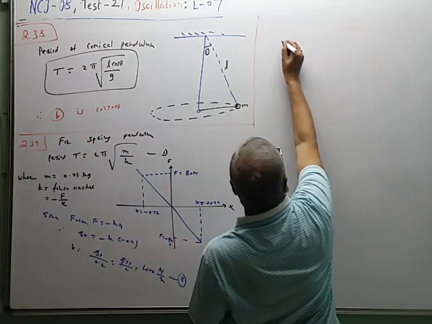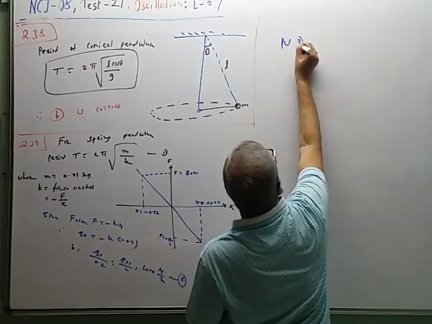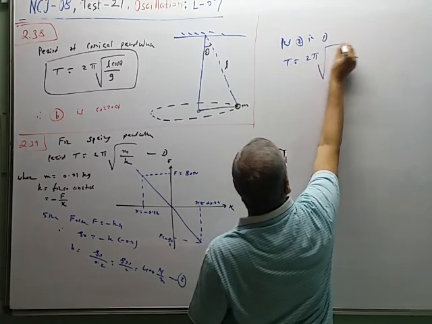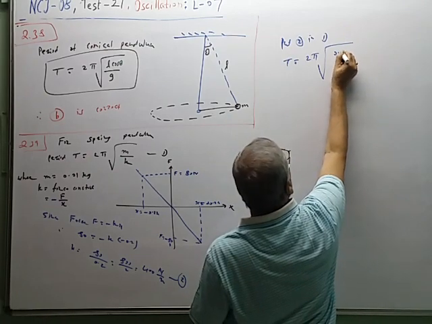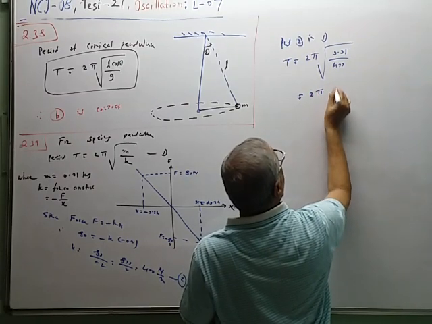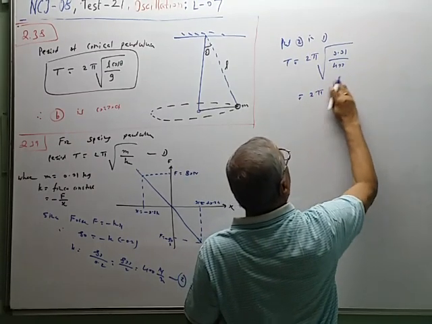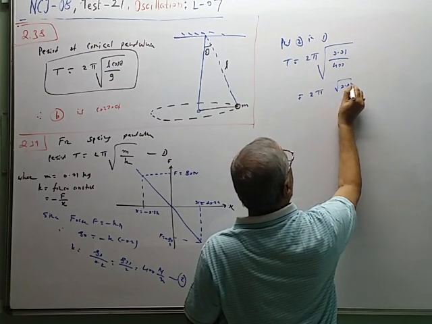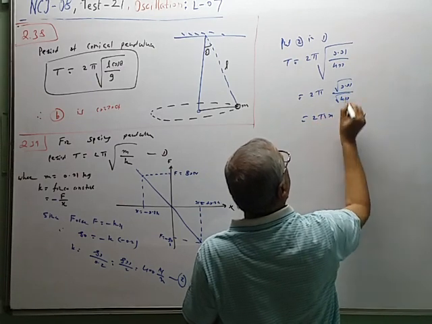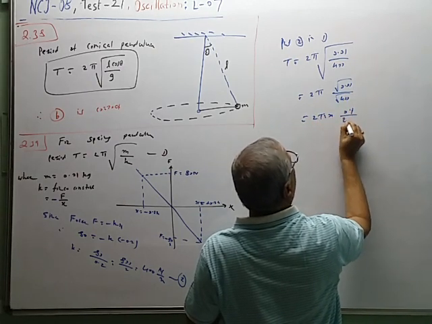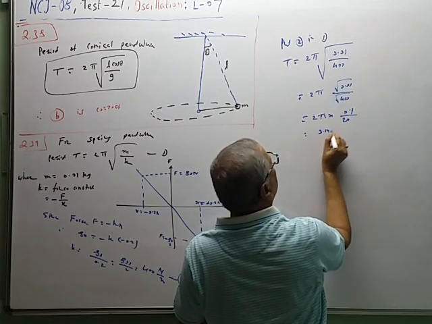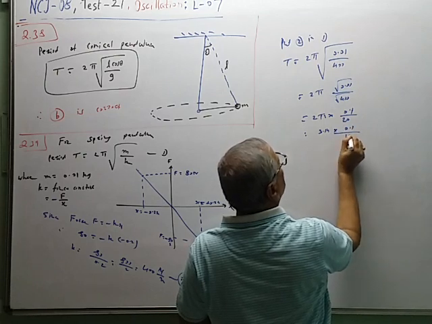So put 2 in 1. Therefore period is equal to 2 pi multiplied by under root m by k, where m is 0.01 and k is 400. So that is equal to 2 pi multiplied by under root 0.01 upon 400, that is 2 pi multiplied by 0.1 upon 20.